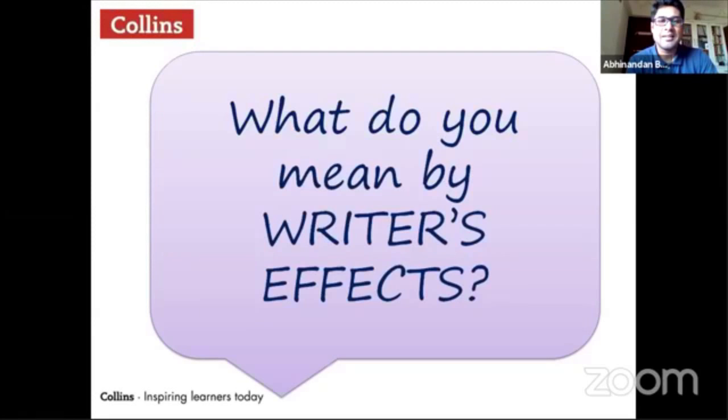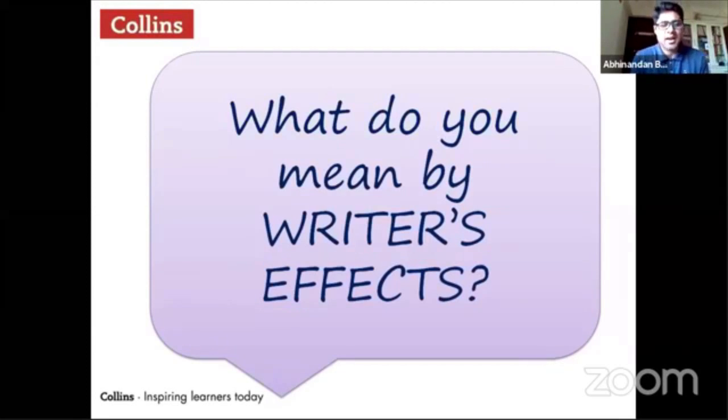Okay, from Ms. Kriti, the answer is it means the use of devices the writer uses to bring about the desired effect on the reader. And from Zoom, writer's effects makes the readers understand the writer's emotions through linguistic analysis. Okay, wow. I think we do have some amazing responses.